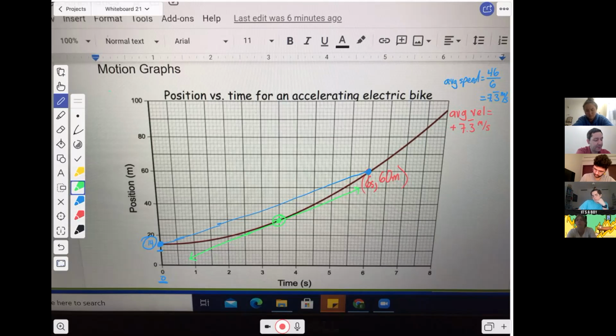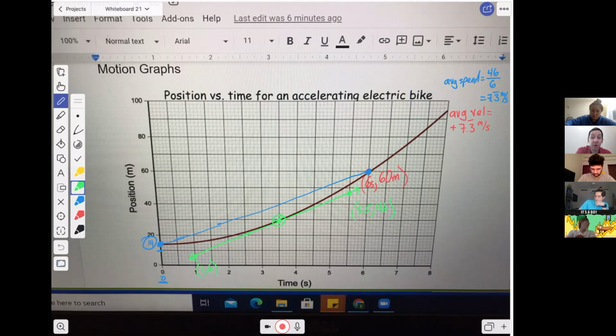Okay, so once I have that, I can choose 2 points on the line. For example, this point right here, which would be about 5.5, comma 46. And then I'll choose another point down here at the end, which is like 1, comma 6. And so now I'll find the slope between those 2 points.